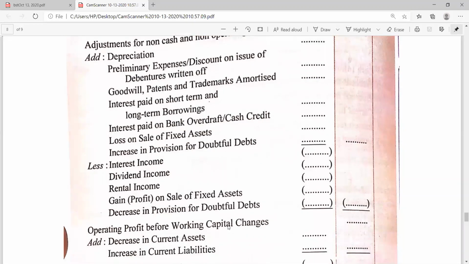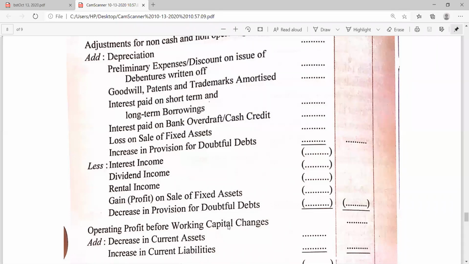Interest paid on short-term and long-term borrowing, interest paid on bank draft and cash credit, loss on sale of fixed assets, increase in provision for doubtful debt, and deduct all those non-operating income items which are to be deducted. It is interest income, dividend income, rental income, profit on sale of asset, and decrease in provision for doubtful debts.